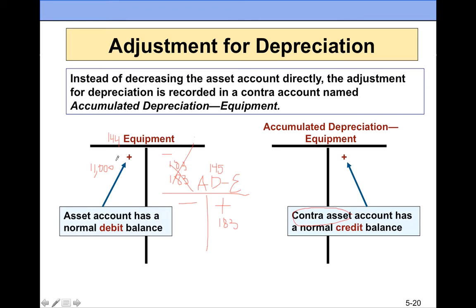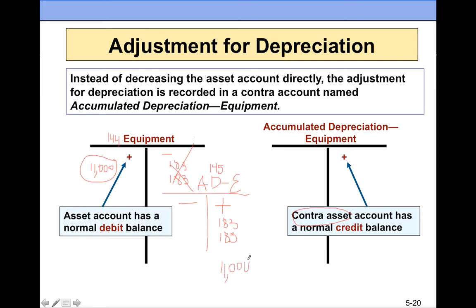That way, I always know what the balance of equipment is, which usually represents my initial cost. And whatever I haven't accumulated, so it will accumulate, right? Hence the word accumulated. So every period, my balance of the accumulated depreciation account will go up. And after 5 years, my balance here will be $11,000. So what will be my book value?